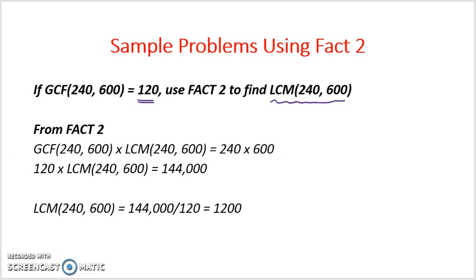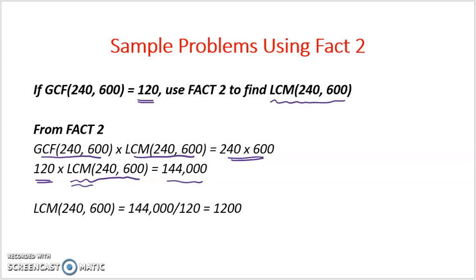From fact 2, we know that the GCF of 240 and 600 times the LCM of 240 and 600 equals the product of those numbers, which is 240 times 600. That's what fact 2 states. Well, I know that the GCF of 240 and 600 is 120, which we've actually completed in an earlier video, times the LCM of 240 and 600, which is what we're trying to find, equals the product, which is 144,000.